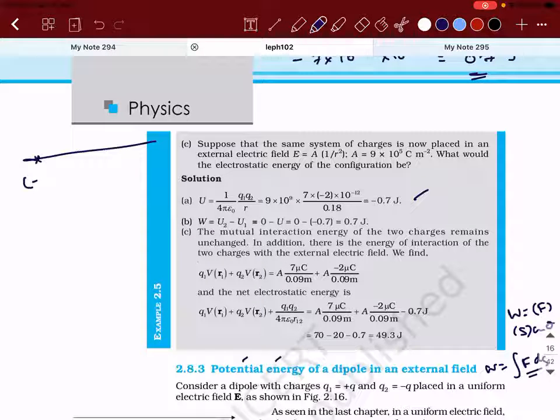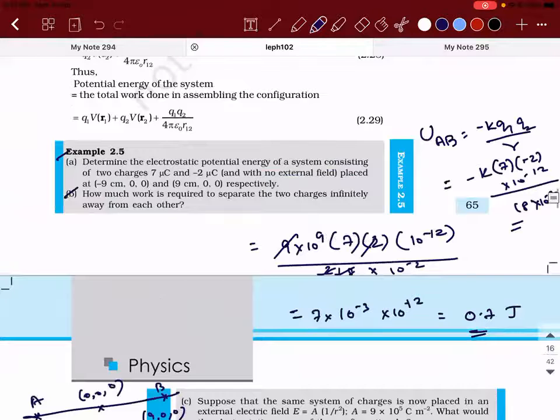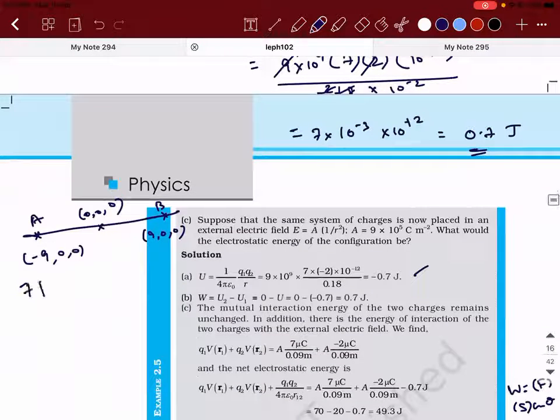One is at minus 9, 0, 0, and the other one is placed at 9, 0, 0. This is point A, this is point B, this is 0, 0, 0. Accepted? Right. So how much is the charge present here? 7 microcoulomb is placed here, minus 2 microcoulomb is placed here.